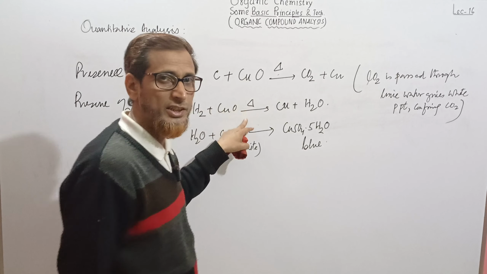The quantitative analysis is about the amount of the species or element present in the organic compound, which may be found out. That can be done, and it is called quantitative analysis.